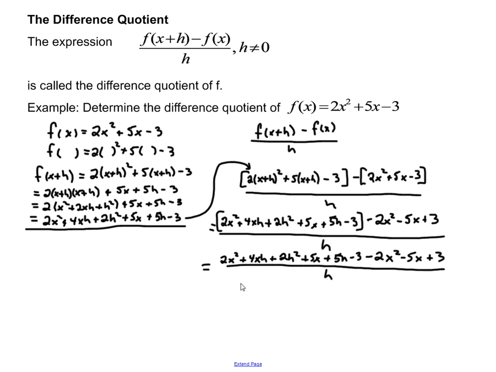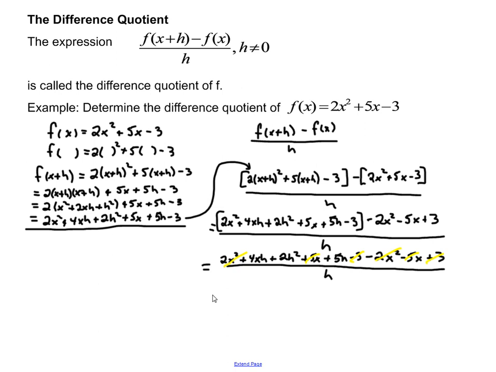And you look at that big long string of terms, and you might have noticed that we do have some common terms that can be eliminated. 2x squared and negative 2x squared, for example, are the same term. They just subtract out. 5x minus 5x goes away, and minus 3 plus 3 goes away.